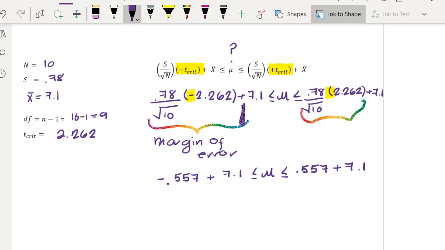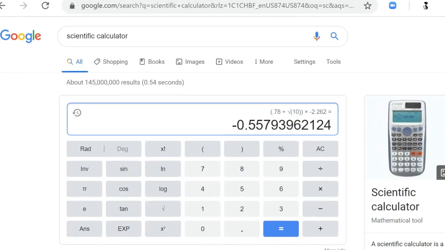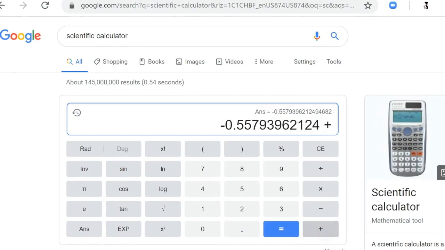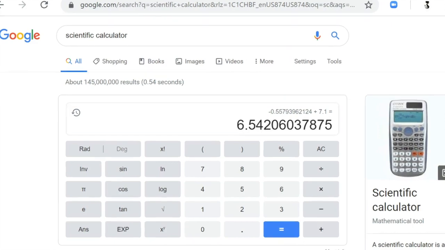Okay, so this part is the margin of error. This part is also the margin of error. So all we have to do now is just do this number plus 7.1. 6.4.